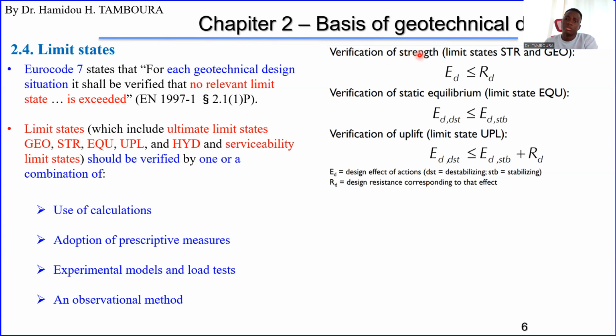That limit is about the strength of the soil or material and the strength of the structure itself. Okay, so the verification of that limit state is done by verifying this.